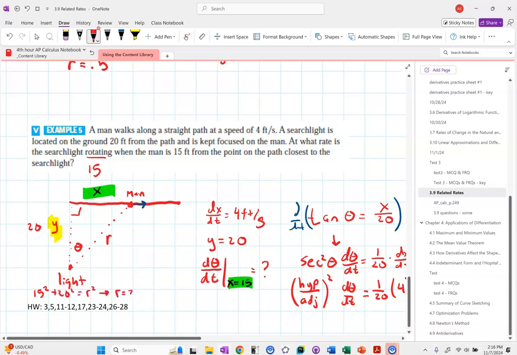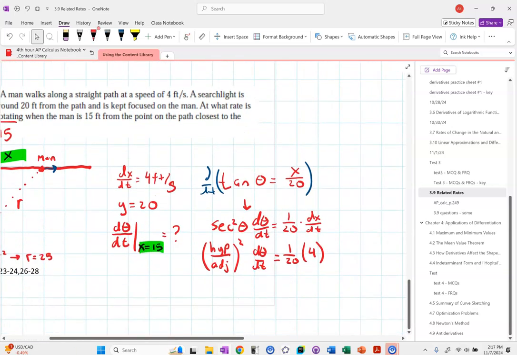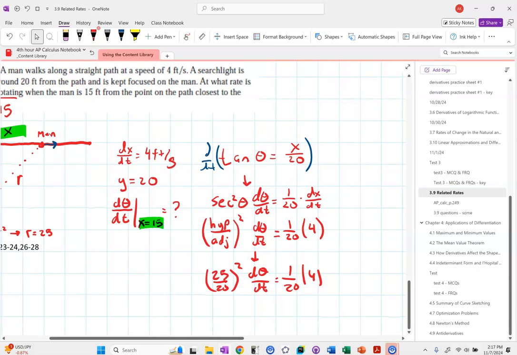So r is going to be 25. Much easier than trying to muck around with doing inverse secant or whatever to figure out what the angle is, right?